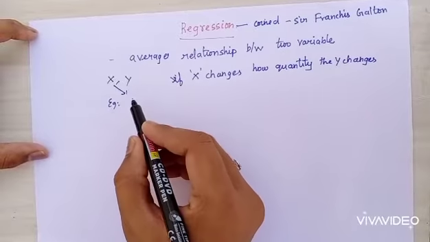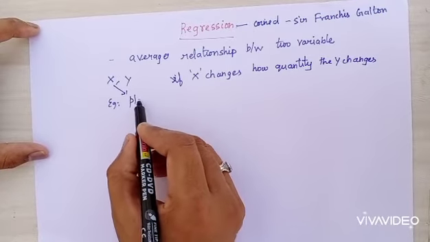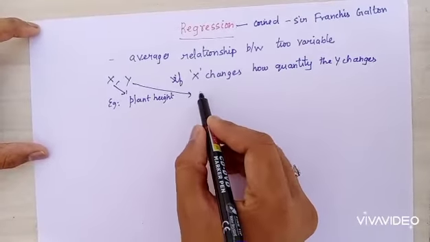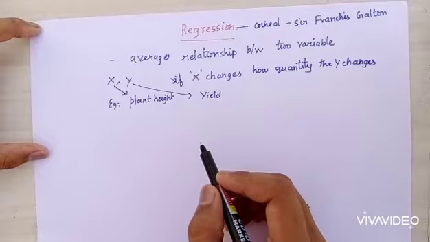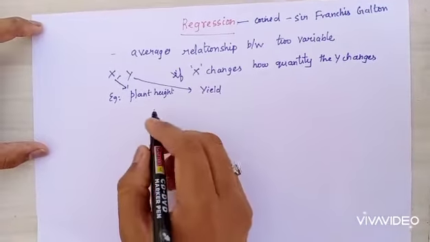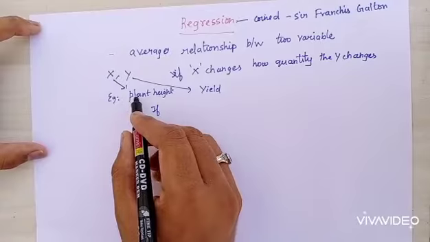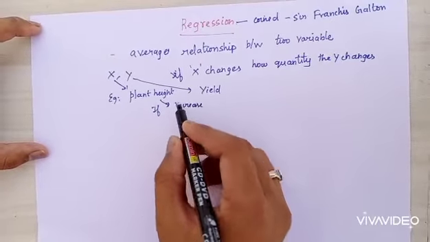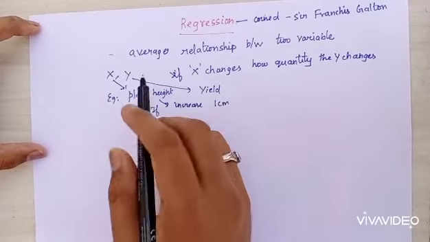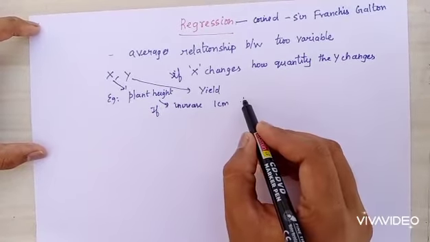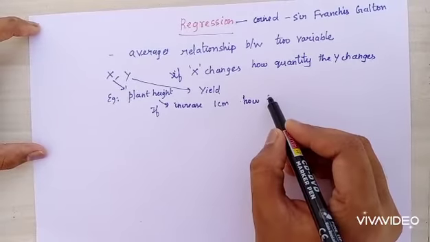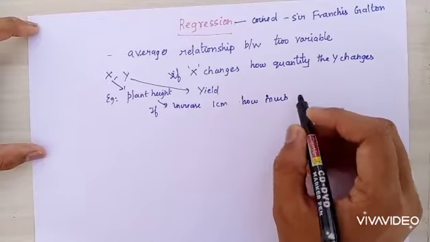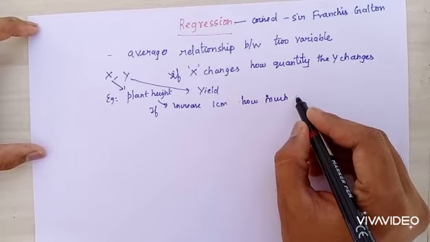For example, this x is nothing but plant height, and y I'm taking as yield. So if the plant height increases by 1 centimeter, then how much will the yield increase?